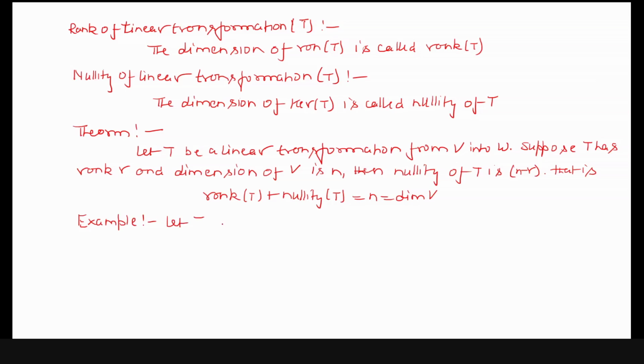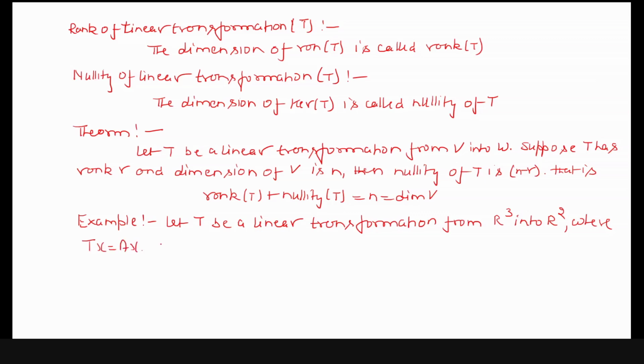Okay. So let T be a linear transformation from R cube into R square, where T of x is equal to A of x, and A is given to you as 1 1 0, minus 1 0 1, and x is equal to the vector b1 b2 b3 transpose.